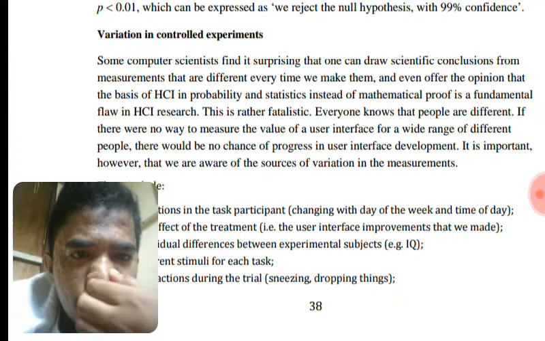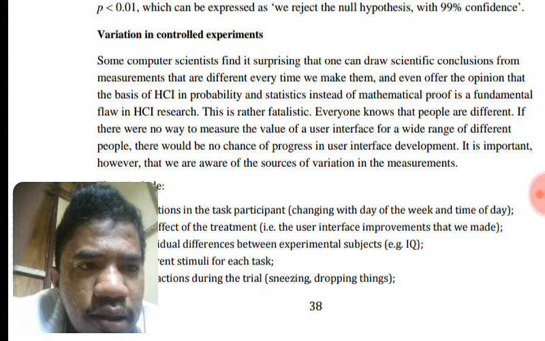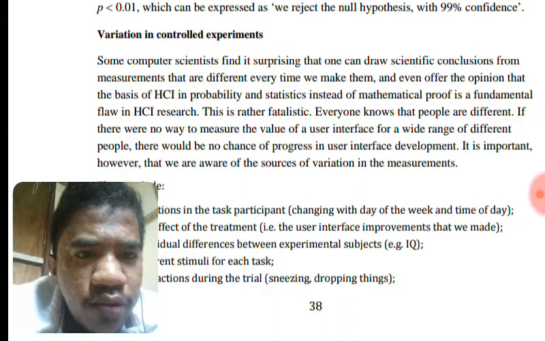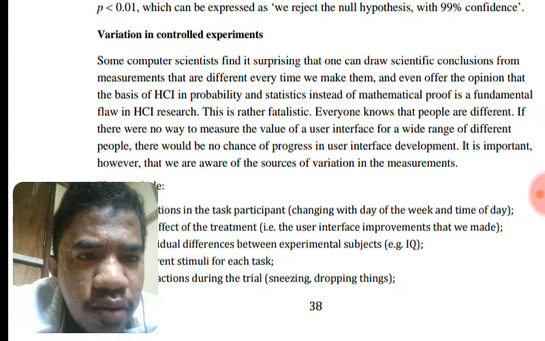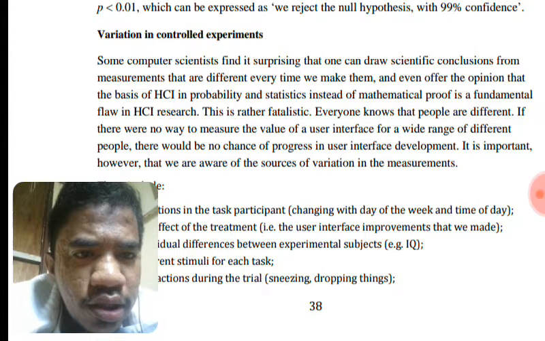This is rather fatalistic. Everyone knows that people are different. If there were no way to measure the value of the user interface for a wide range of different people, there would be no change or progress in user interface development.